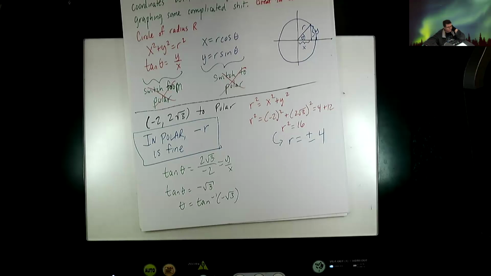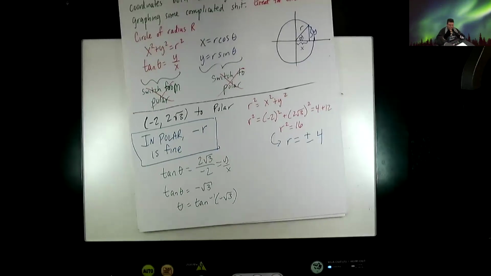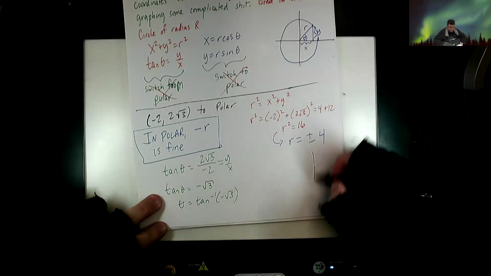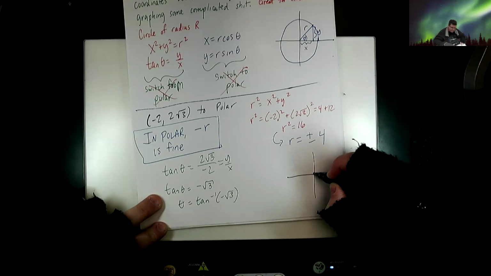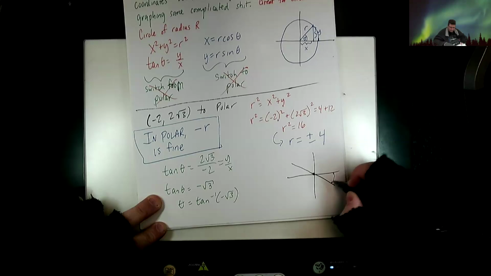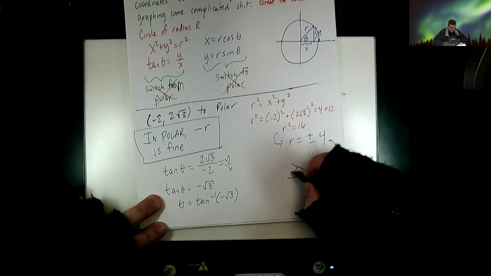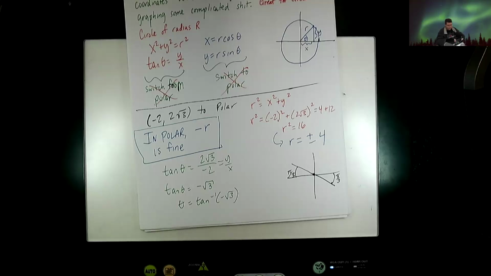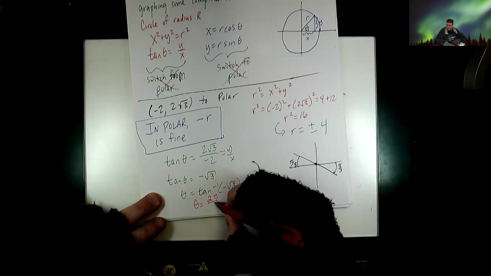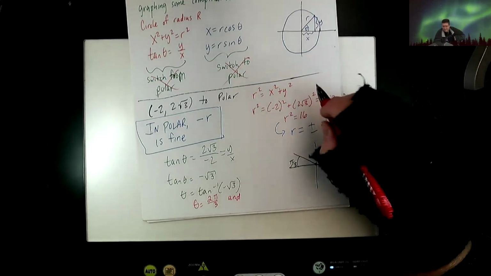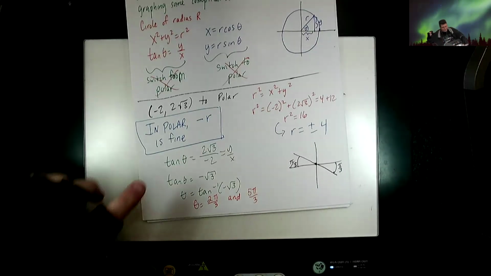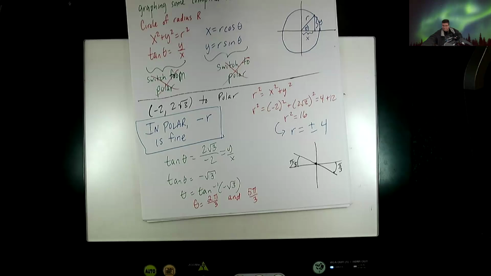It's got a reference angle pi over 3. But it's negative, so it's got to be in quadrant 2 and quadrant 3. That's pi over 3, that's pi over 3. So theta is going to be 2 pi over 3 and 5 pi over 3. And since we start with tangent theta, both of them are valid here.